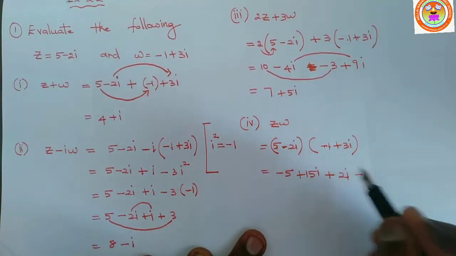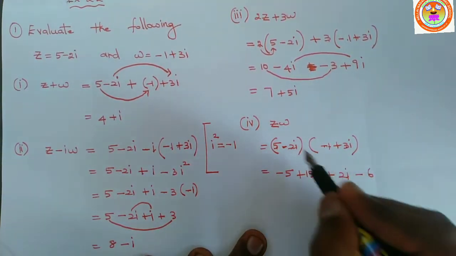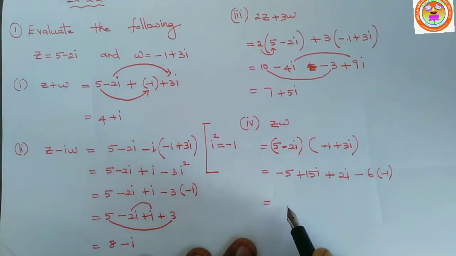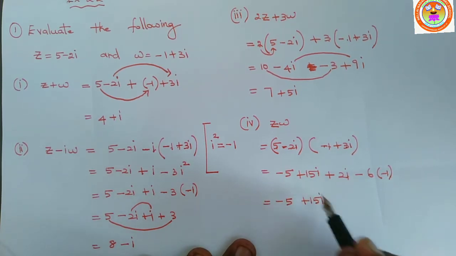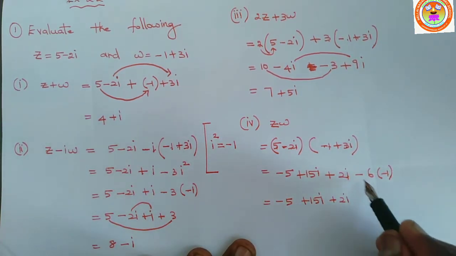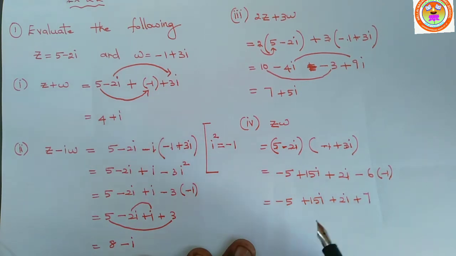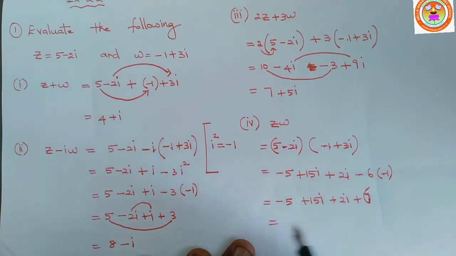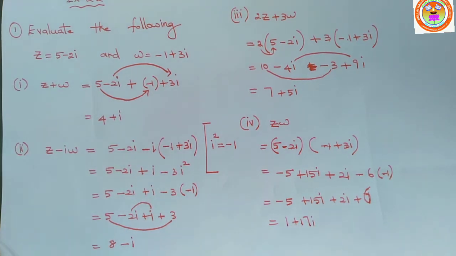Minus into plus minus 2 3s are 6, i into i, i square. i square value is minus 1. Now write it properly: minus 5 plus 15i plus 2i, minus into minus plus 6, which gives us 6 minus 5 plus 6 is 1, and 15 plus 2 gives us 17i. So 1 plus 17i.